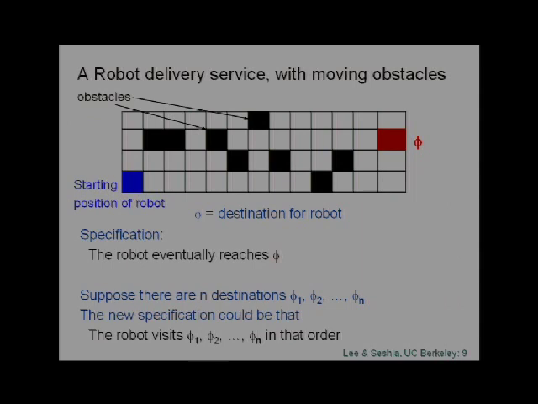So each of these squares is sufficiently small that it gives you a good idea of the location of the robot. And the goal is to get from the blue square to the red square. Okay, but there are obstacles. So let's say phi is the destination of the robot.